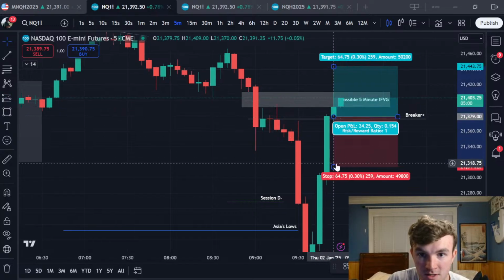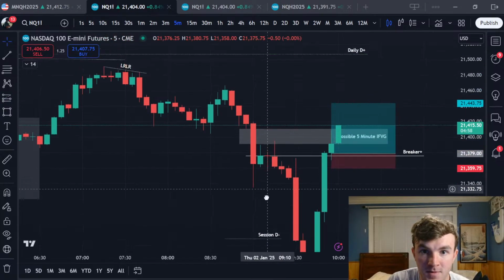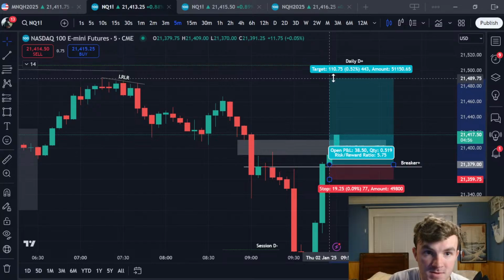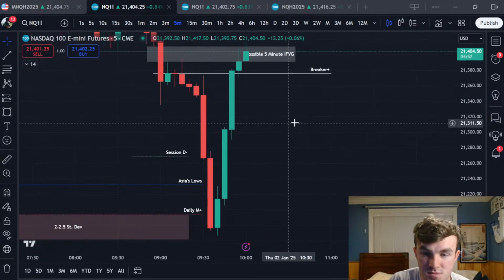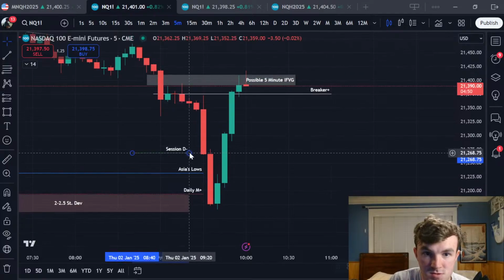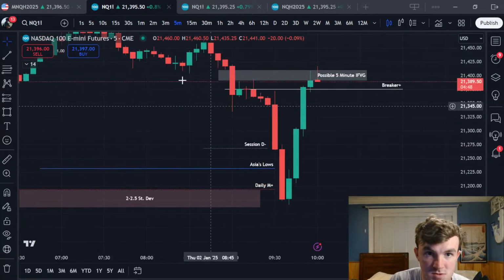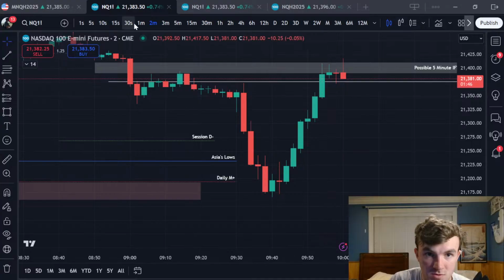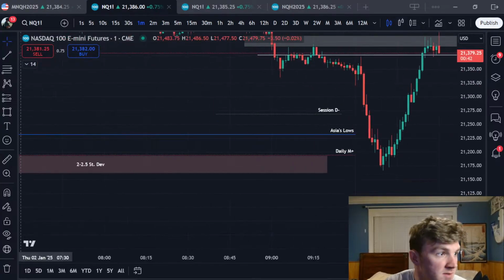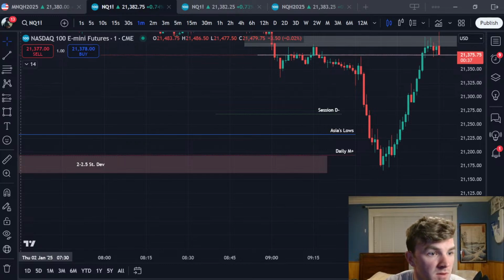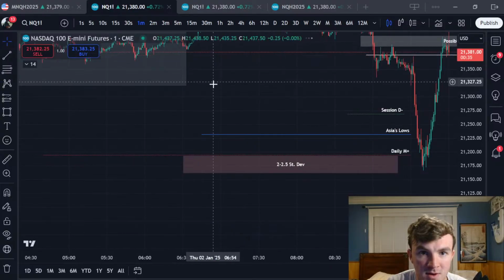Maybe you want to just take a long off of this, the close above this breaker. Do we get any SMTs with anything at all? Yeah, this is an SMT with YM right here.